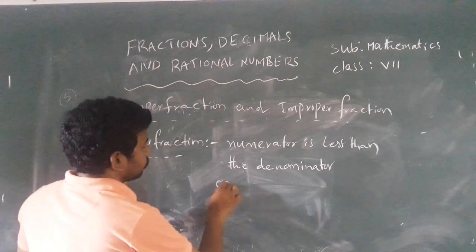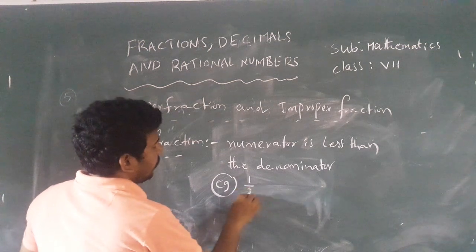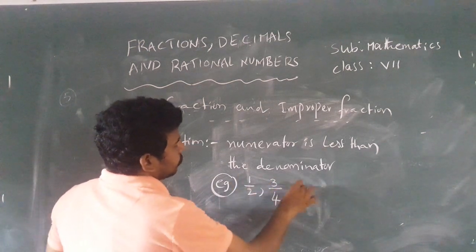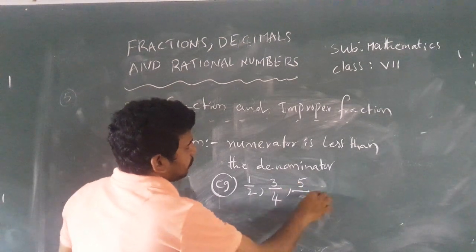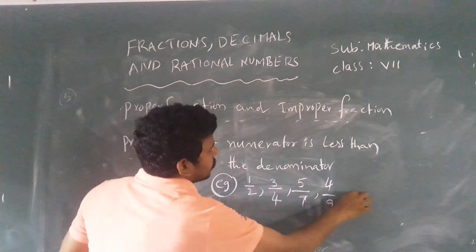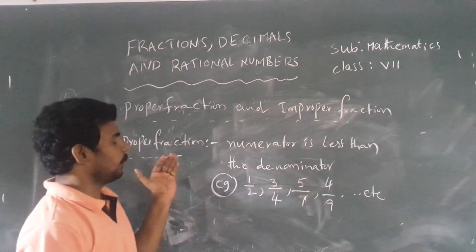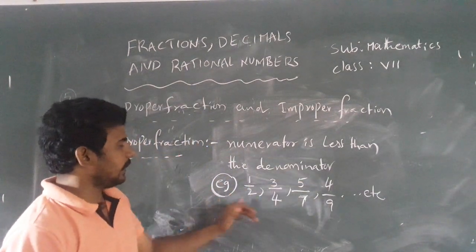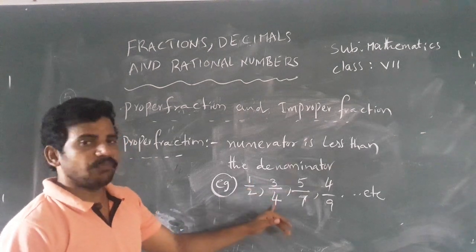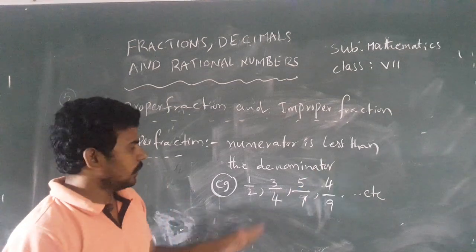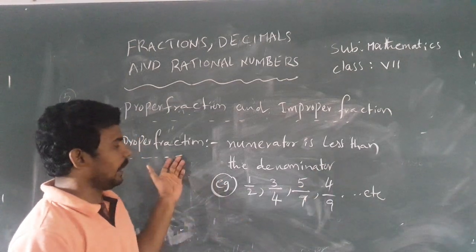Examples: 1 by 2, 3 by 4, 5 by 7, 4 by 9, and so on. There are many examples of proper fractions. See children, 1 by 2, 3 by 4, 5 by 7 and 4 by 9. These are examples of proper fractions.